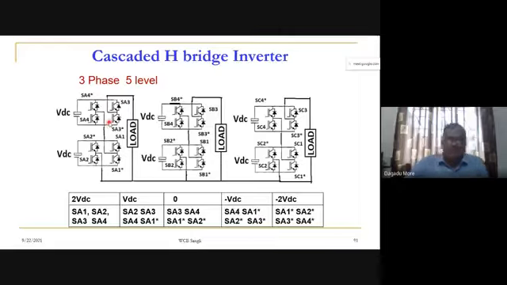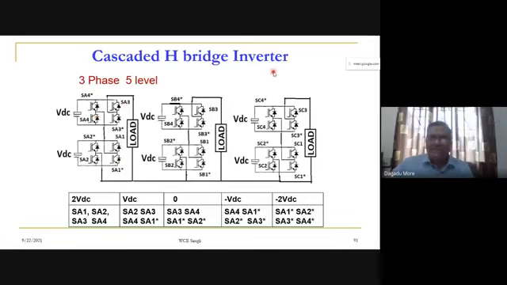One bridge will give 3 levels and the other bridge will give 2 levels. So whenever we connect two H bridges, then we get a 5 level.